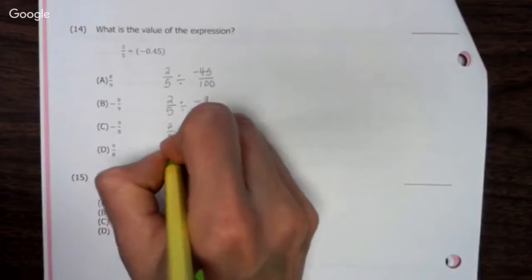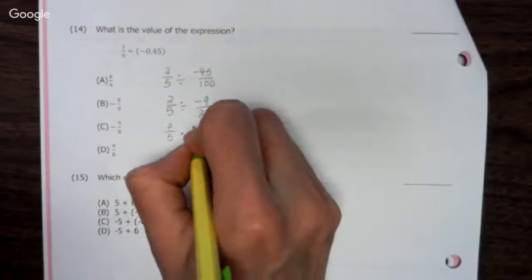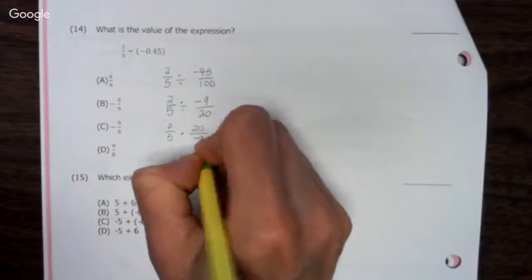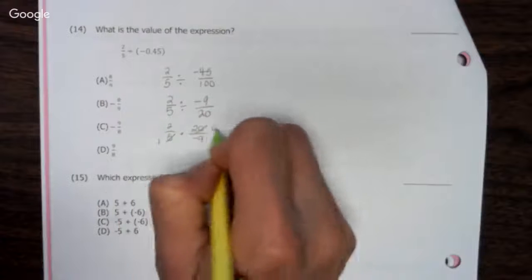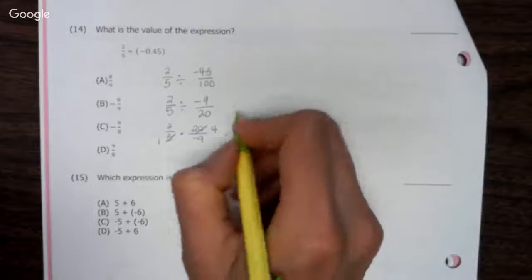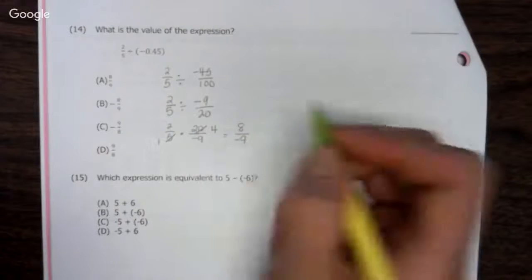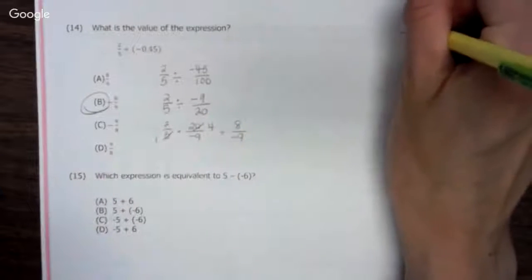Okay, so there's my reduced form. Now if I'm dividing fractions, I'm going to do leave, change, flip. I'm going to cross cancel. 2 times 4 is 8. 1 times negative 9 is negative 9. So my answer would be negative 8 over 9.